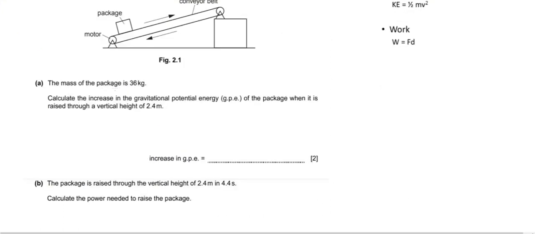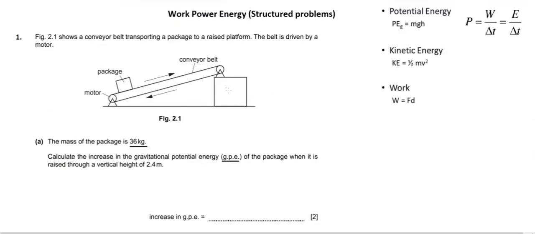The mass of the package is given, that is 36 kg. Calculate the increase in the gravitational potential energy of the package when it is raised to the vertical height of 2.4 meter. So this vertical height is starting from this point and going to this point, and that height is given, that is 2.4 meter.